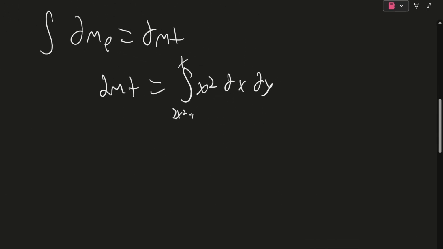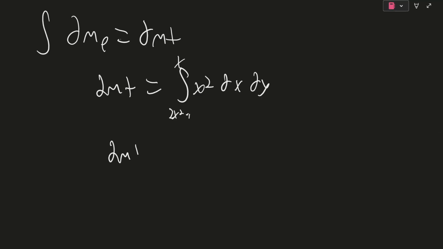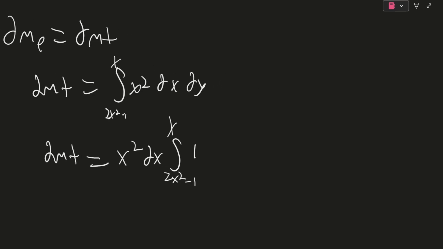So our dm strip is going to be equal to x squared dx times the integral from 2x squared minus 1 to x of 1 dy.